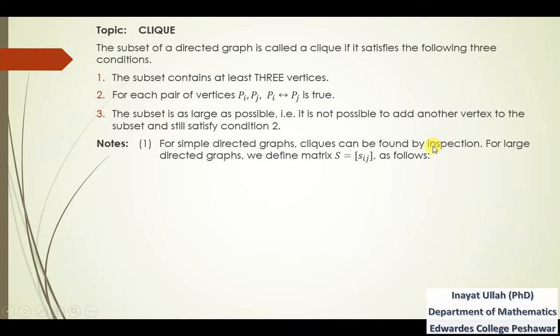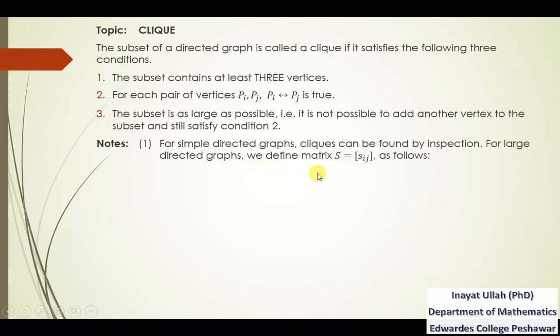We should look at the graph and we can identify the clique directly when the graph is simple, that there are not too many vertices in that directed graph. For large directed graphs, it means that if there are many vertices in a graph, how could we find the cliques for those large directed graphs?